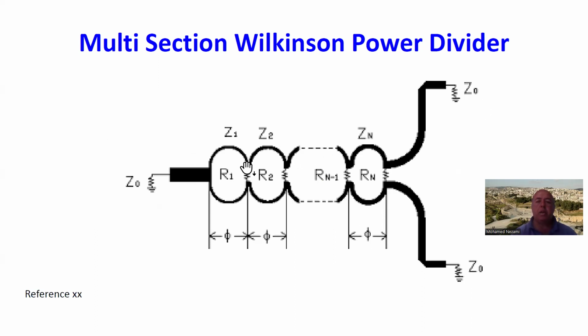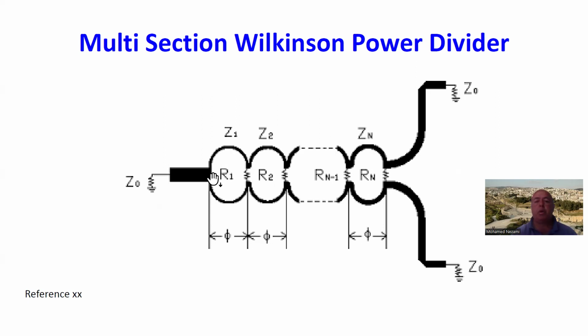Usually with these cascaded lines, when you solve the Chebyshev polynomial, it turns out that the impedances start out from high impedance all the way to near 50 ohm impedance.